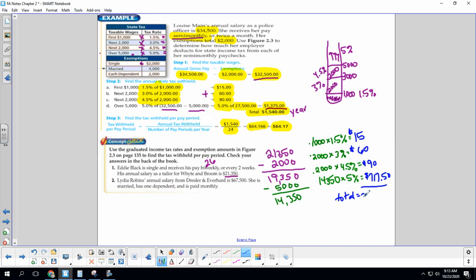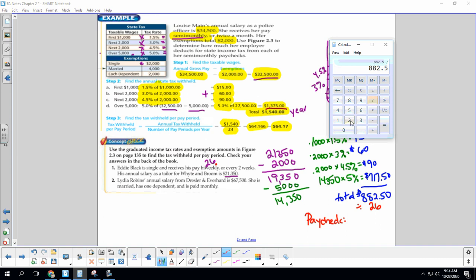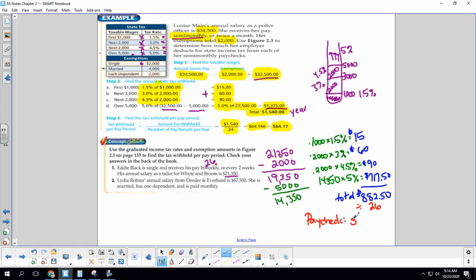So for the year, we pay $882.50. And we need to know what it is for the paycheck. So we're adding in some skills we've been working on. There are 26 bi-weeklies, so we're going to divide that by 26. And it's $33.94 that is the tax taken out for state taxes from his paycheck.